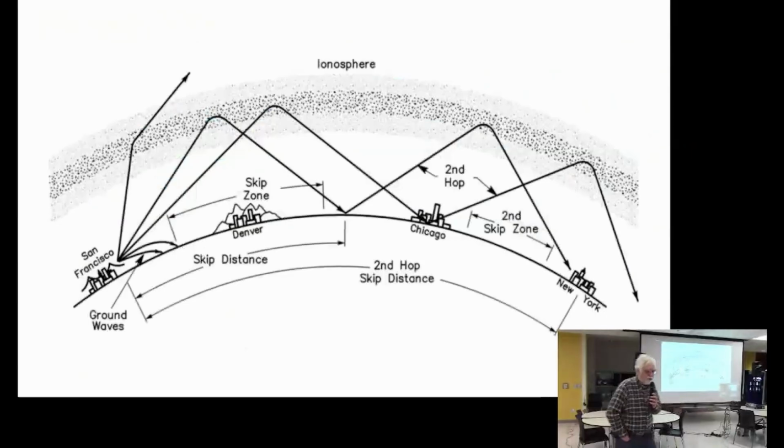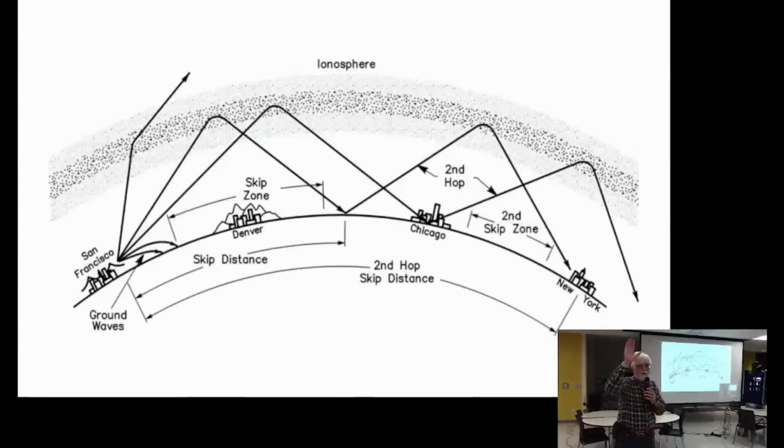Here's another diagram that's similar, but this one is concentrating on the fact that when the signal goes up to the ionosphere and gets bent back, there's an area in the middle that doesn't have a signal.